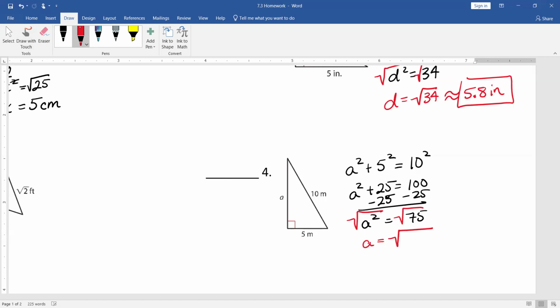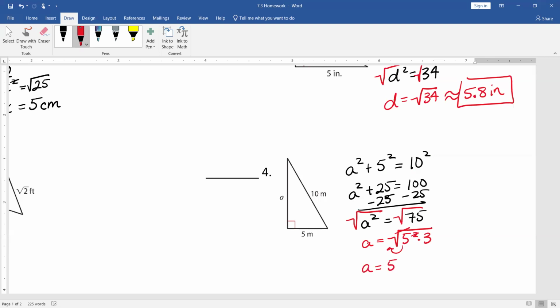Now, this does simplify. You should know, just from the way that our money works, that 3/4 makes 75 cents, and 25 cents is 5 squared. So I'm going to go ahead and separate this into its prime factorization, 5 squared times 3. And then the square root and the squared cancel each other out, and that 5 comes out of the square root.